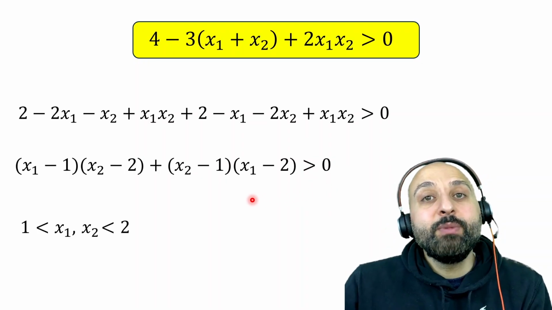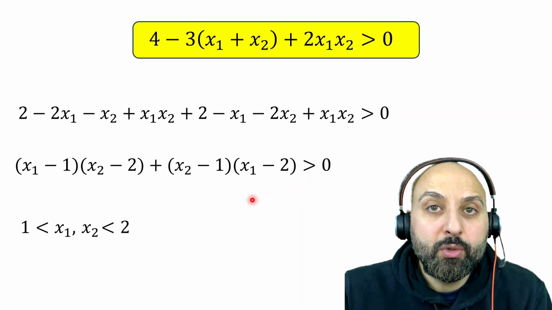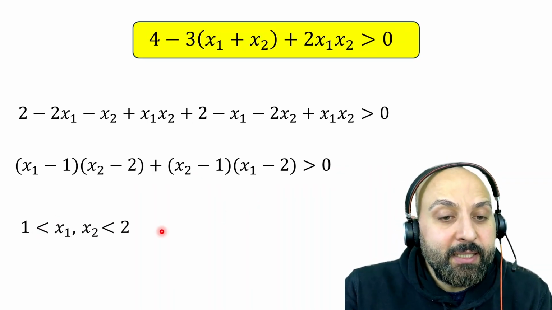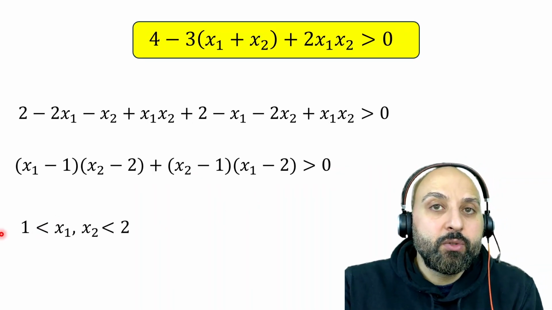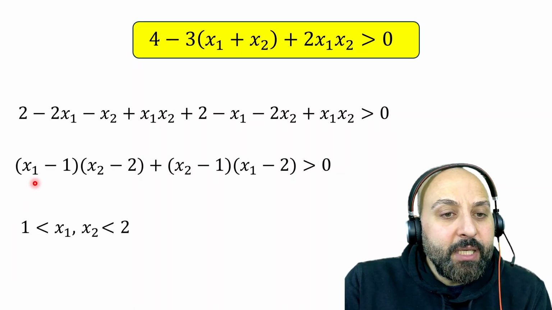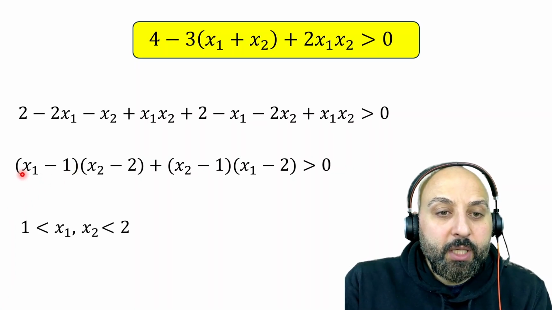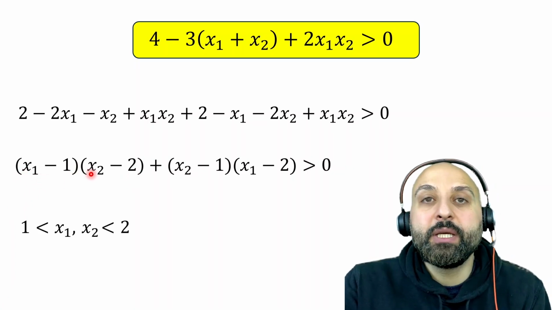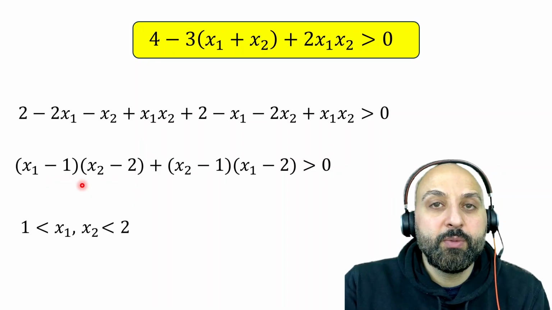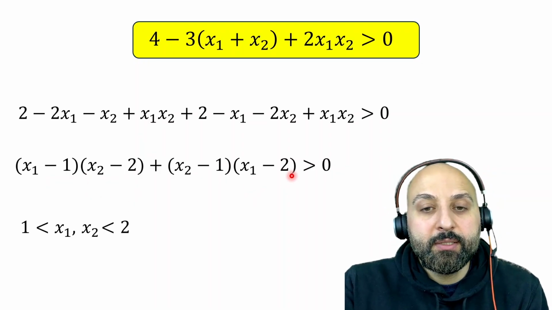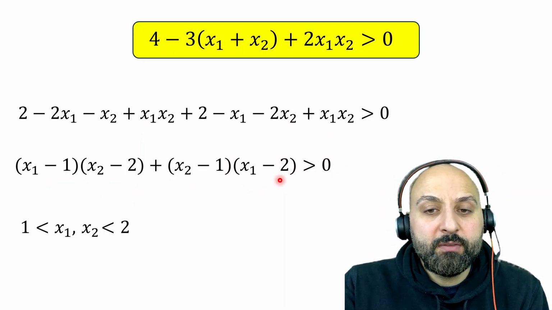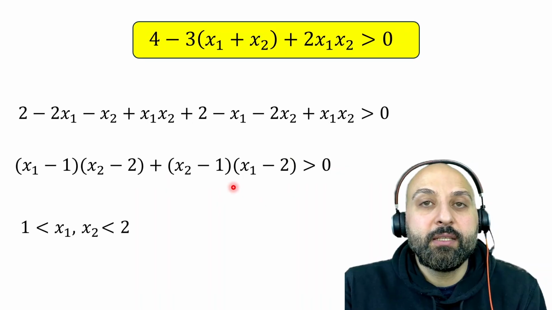Okay, let's assume that we have two roots, x1 and x2, in the interval between 1 and 2. Obviously that means this term will be a positive value, and this term will be a negative value. So this whole multiplication will be a negative value. Same for this one. This one is positive, this one is negative, so this one is also a negative value.